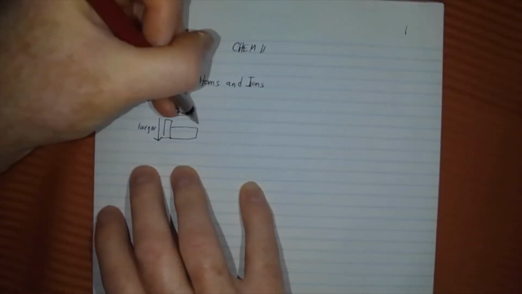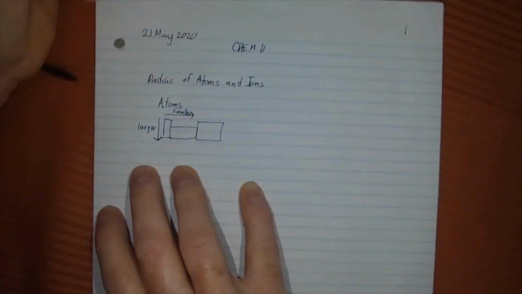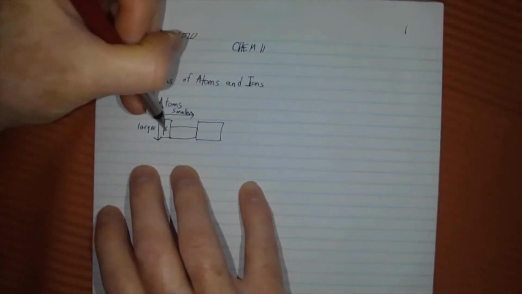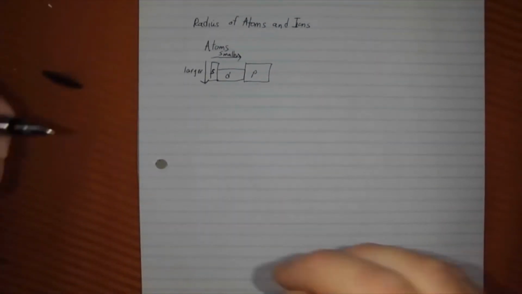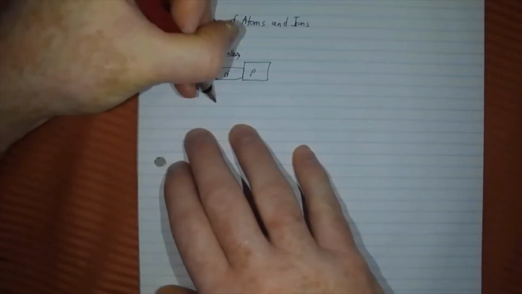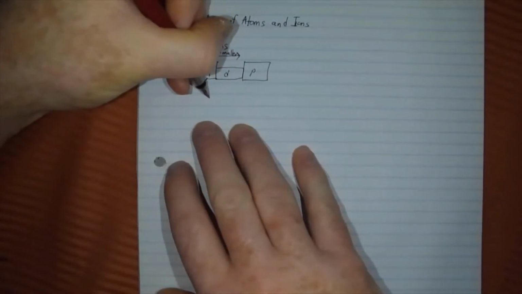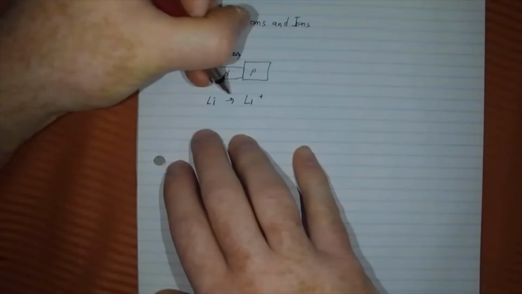That's the S block, the D block, the P block, and that's referred to that because of the number of electrons in the suborbitals you can fill. And for ions, as you go from, let's say, lithium to lithium plus, it's lost one electron.